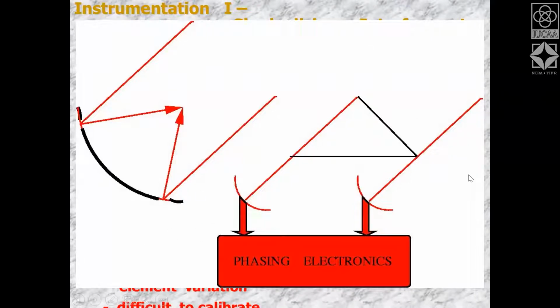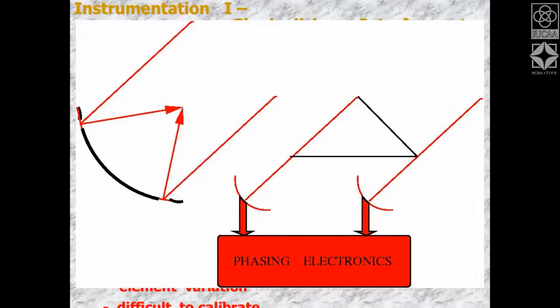Similarly, the ionosphere will introduce its own delay, which can also vary, particularly at lower frequency and particularly at latitudes where India is, on the equatorial latitudes. The ionosphere can be a big nuisance. So what you do is you look at a source, determine these phases and then apply these phases. And this process is known as phasing.